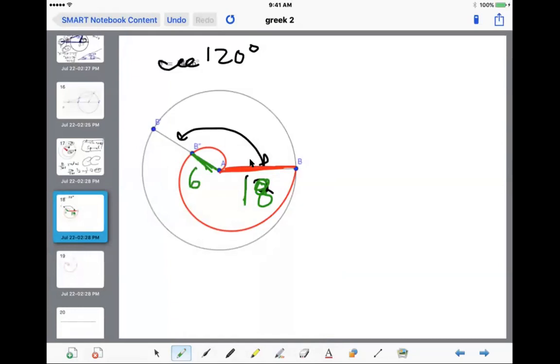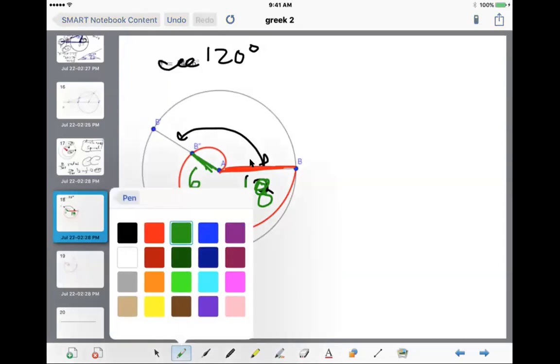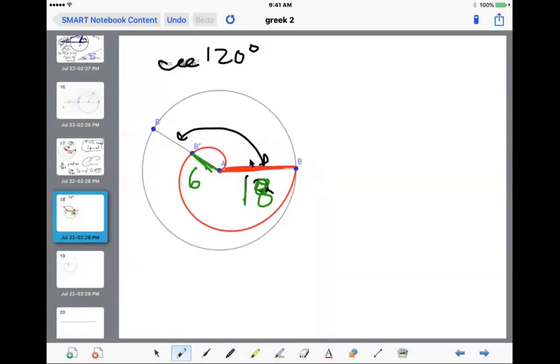Now, yesterday, one of the constructions was to trisect. Just to remind you, if I had a line segment of length 6, creating this trisection point is actually hard. You have to make another line and divide that into 3 equal pieces, and then you connect these, and then you make parallel lines.